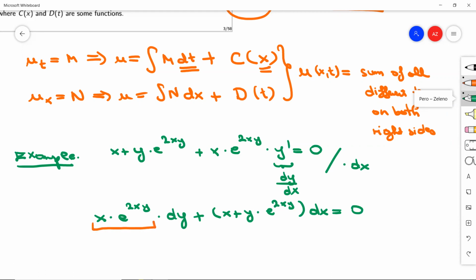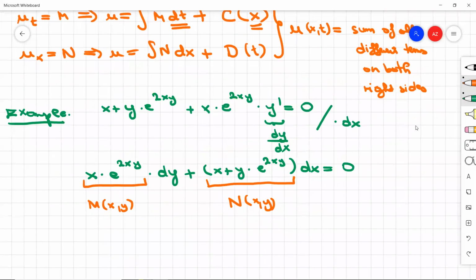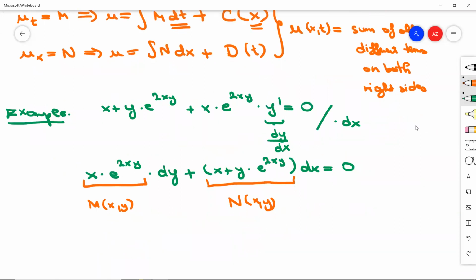So this is the candidate for M, I mean, this is M, and this is N. Before we start calculating the potential function u, we have to check whether this condition is satisfied: the derivative of M with respect to x should be the same as the derivative of N with respect to y. So this is the condition to check.